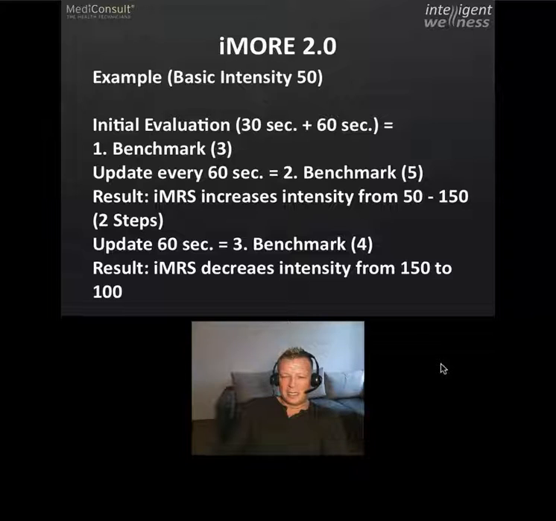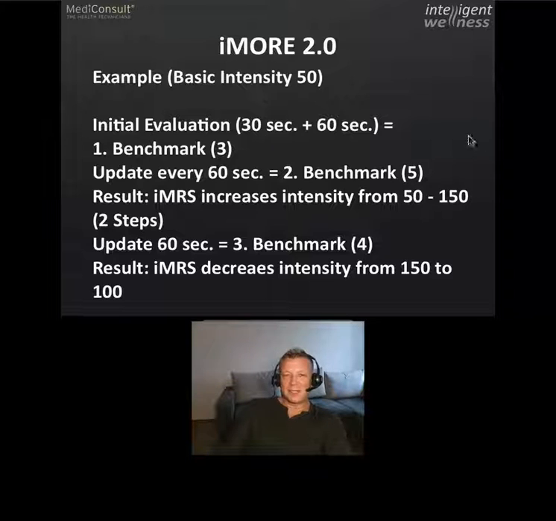This is actually the reference for the IMRS to evaluate the next benchmark and then comparing it with the first benchmark. And depending on that comparison, the IMRS would decide by itself whether to increase or to decrease the intensity. In our example here, the first benchmark would be 3, so we have to wait another 60 minutes to get the second benchmark. In our example, this would be benchmark number 5, category 5.